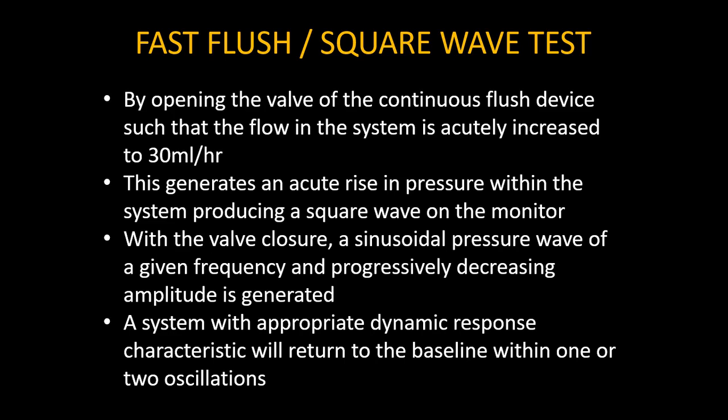We check it with the flush test or square wave test by opening the valve of the continuous flush device, such that the flow is acutely increased to 30 ml per hour, which was 1 to 3 ml per hour. This generates an acute rise in the pressure within the system, producing the square wave on the monitor. What is happening? In the bag there is a pressure of 300 millimeter of mercury.